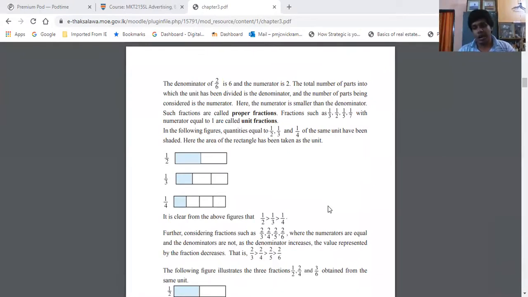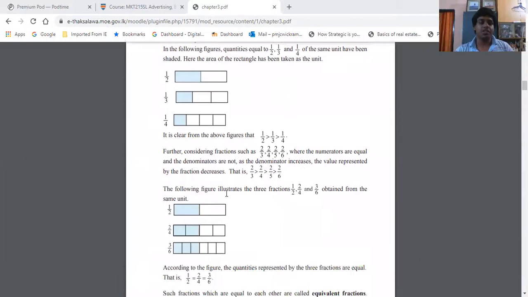When the numerator, the value on top, is 1, it's a unit fraction. So in the following figures, the quantity is equal to 1/2, 1/3, 1/4; they have only taken 1 unit of whatever they have considered. That's what happens.